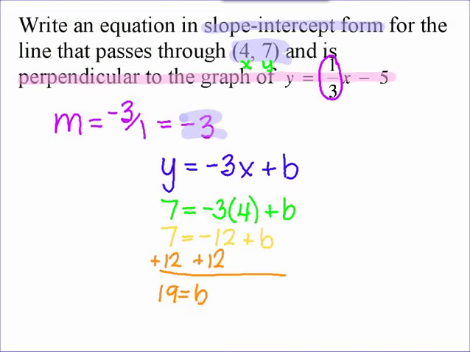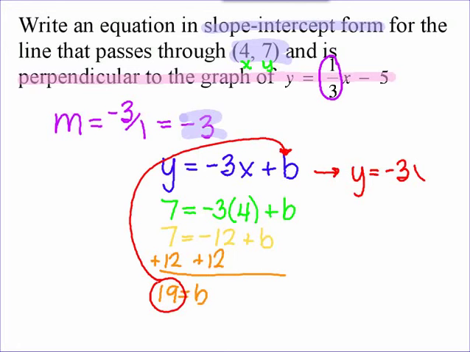I take that 19 and plug it in right here. So your answer should be y equals -3x plus 19. Questions? Pretty much the same thing we did yesterday, except we're flipping the slope.